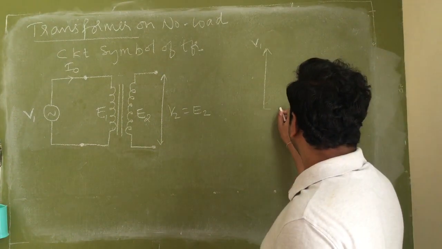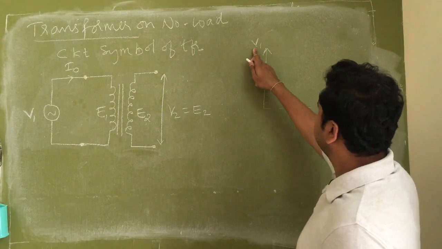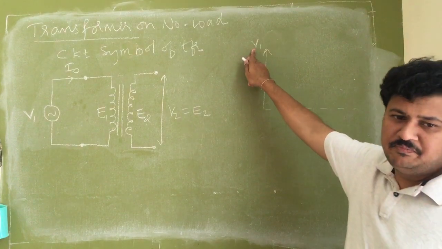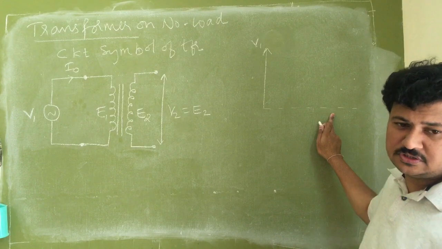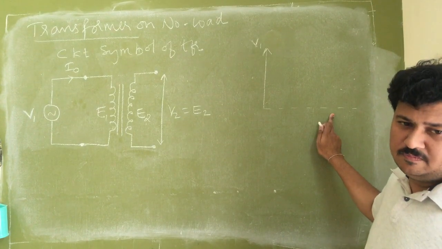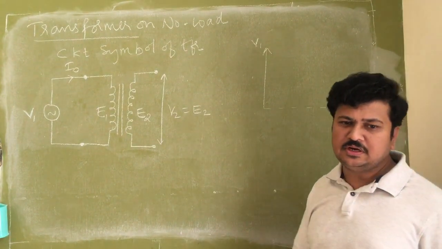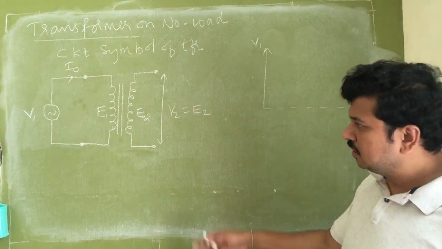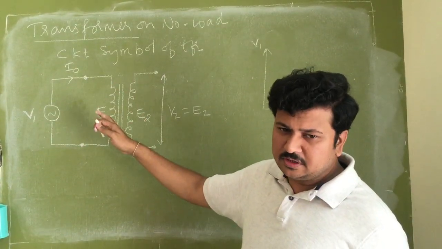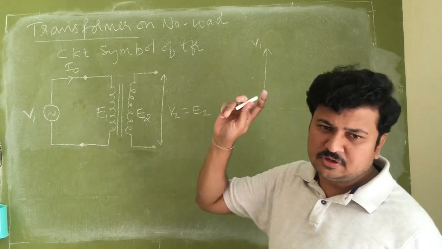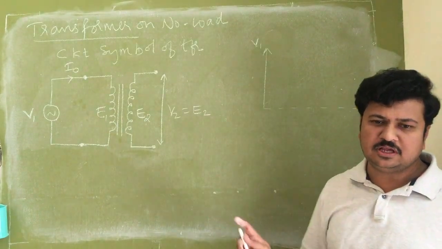So if this is the 90 degrees axis with respect to V1, V1 I have not taken on the positive x-axis because V1 is not my reference quantity. I don't take V1 as a reference quantity because V1 is not common for the entire transformer. For the entire transformer, common is flux because flux is common for both primary as well as secondary.